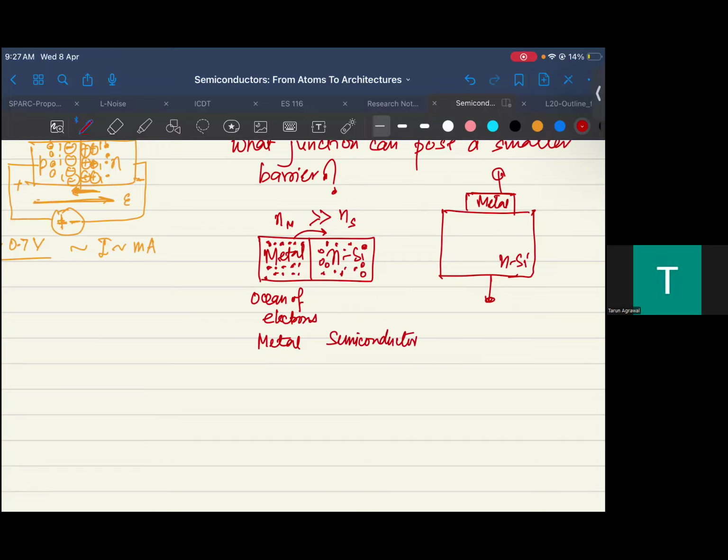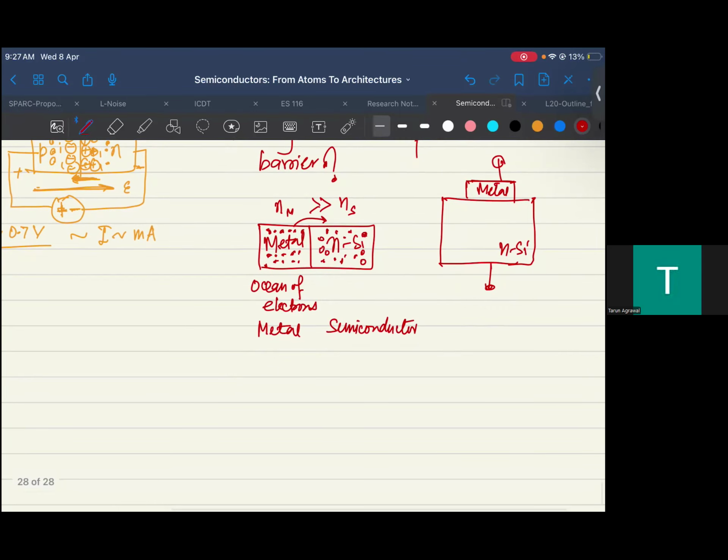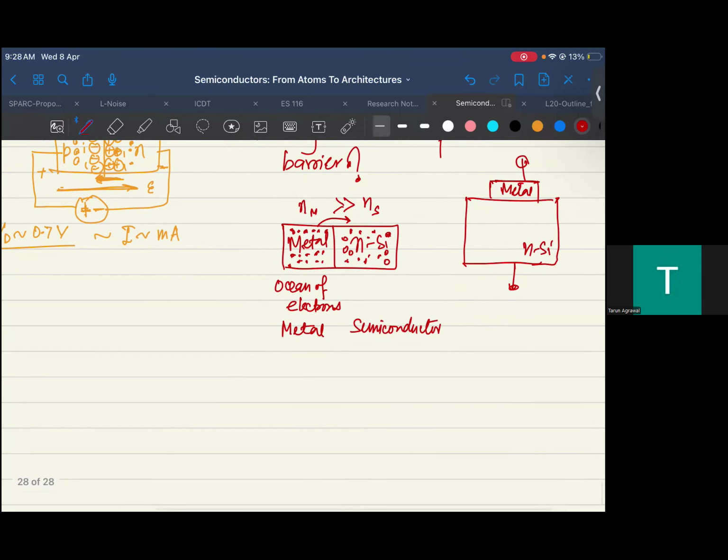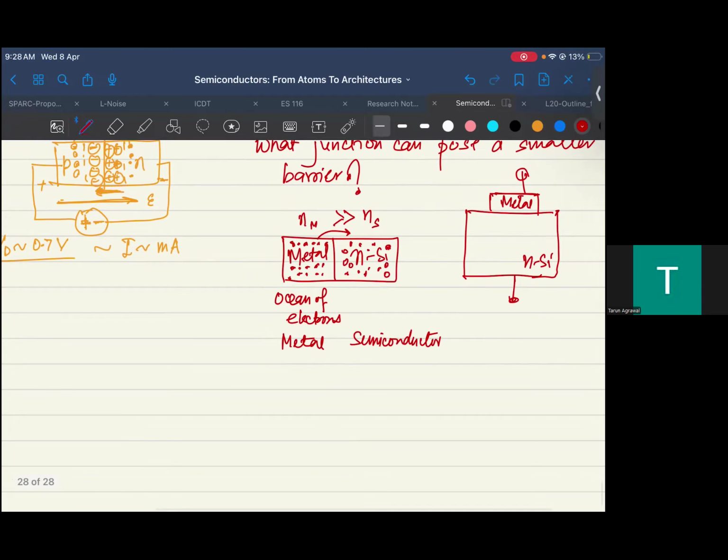Now you say, okay, why does it matter? Because if this is an ocean of electrons I'm connecting to a semiconductor, why does it matter? My electrons should still diffuse, right? So why do you say that these are two different things? Because that is where you have to see, when we were talking about diffusion here, right?